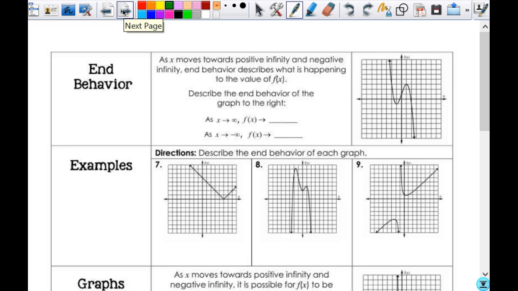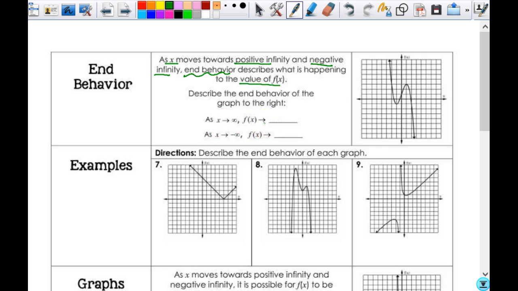So now we're going to look at end behavior, okay? As x moves towards positive infinity and negative infinity, end behavior describes what is happening to the value of f of x. So as x is moving to the infinities, what is happening to y is what we're looking at. The way you read this is, as x approaches infinity, f of x approaches blank.